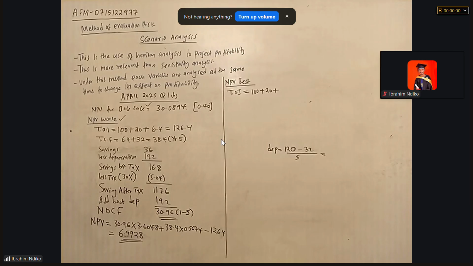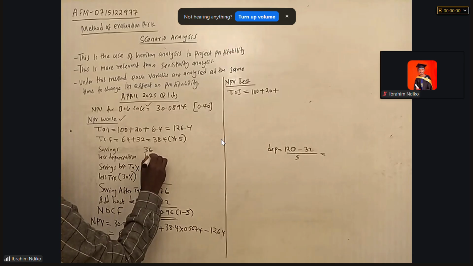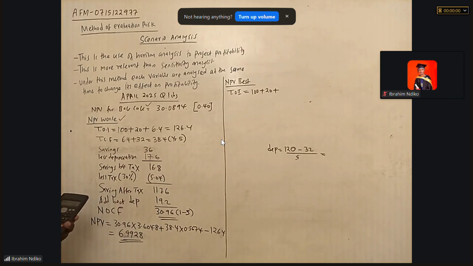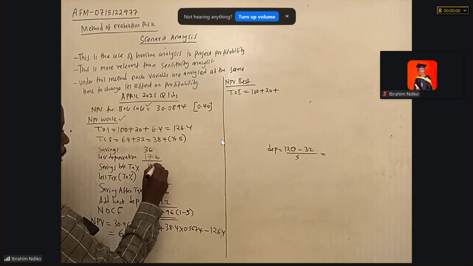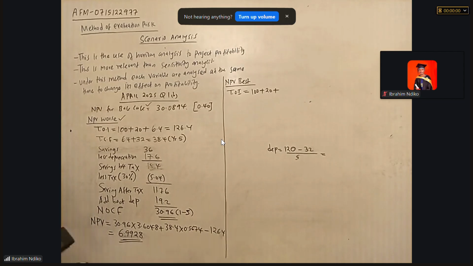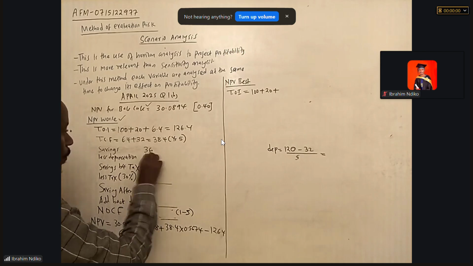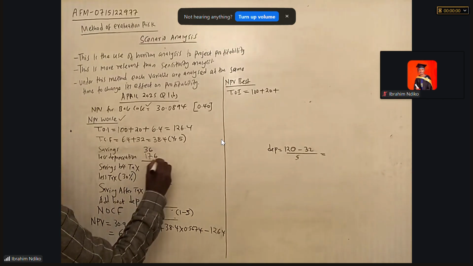So itakuwa 120 minus 32 divided by 5. That would be 17.6. Then 18.4. Hizo ni kama zita change zote. Tunasema 17.6.